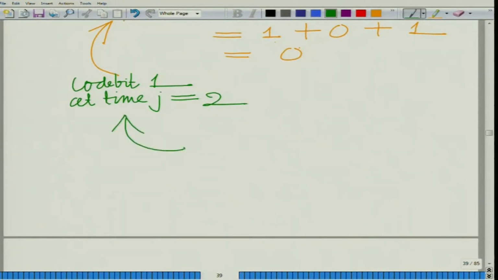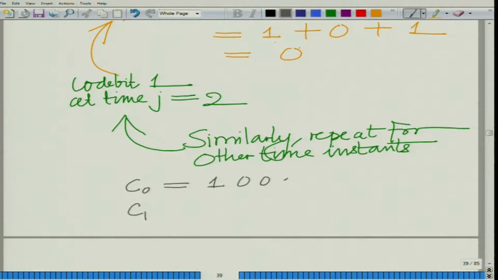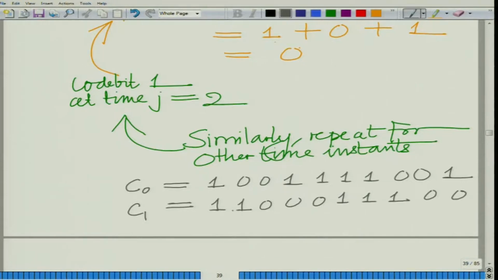Similarly, repeat for other time instants, and what we will get is the sequence C0, which is 1 0 0 1 1 0 0 1 1 1 0 0 1, and C1, which is 1 1 0 0 0 1 1 1 0 0.